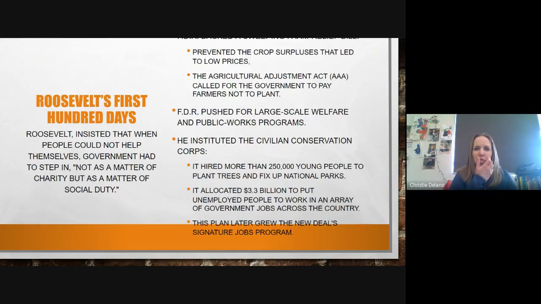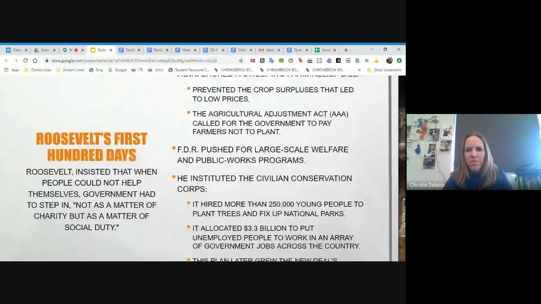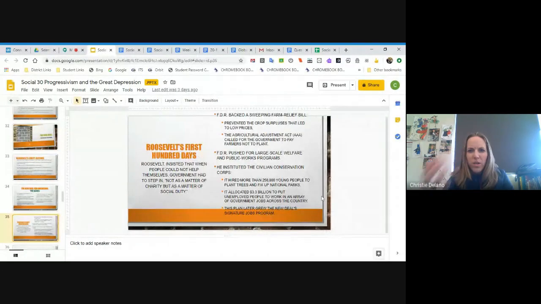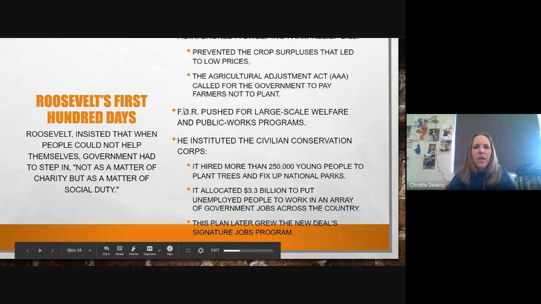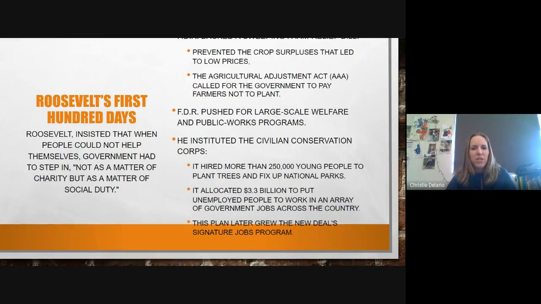So in his first 100 days, what happens? He introduces a sweeping farm relief bill. And this bill basically prevents crop surpluses, which leads to lower prices.